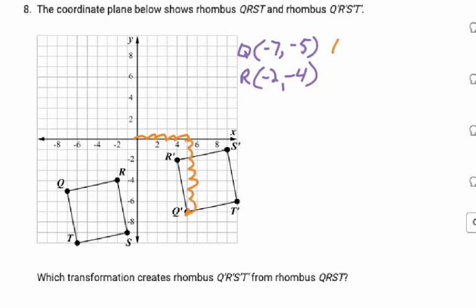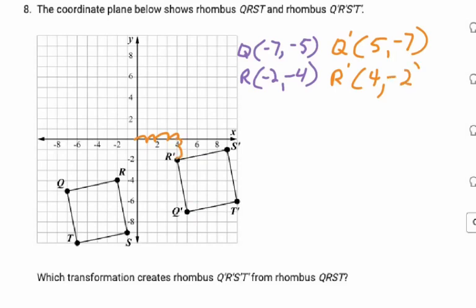So this Q, as you can start looking at the relationship yourself, goes to +5, -7. Okay, now let's do the R. R goes right over here. R is pretty close, so 1, 2, 3, 4 spaces to the right. That's a +4. And then it looks like 2 spaces down. That's a -2.